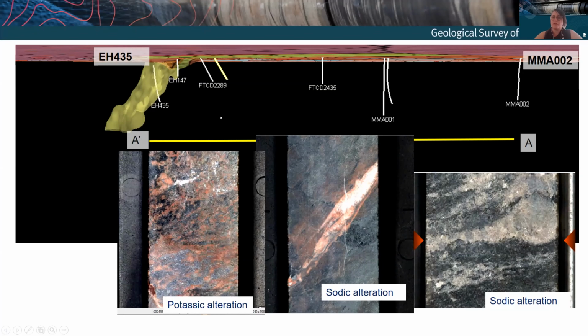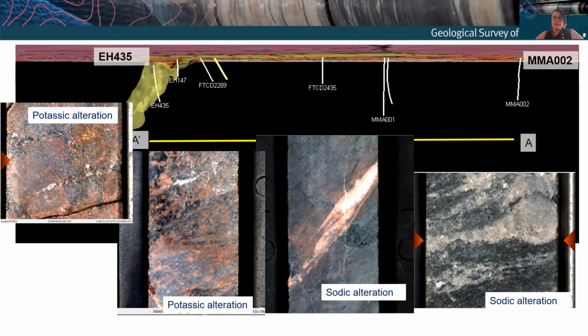This is also another sample from this intermediate zone, approximately 2 kilometres away. It has been flagged in the geochemistry as potassic alteration, but it doesn't have the same typical signature as the Ernest Henry ore, which looks like this, straight from the guts of the drill hole EH435, and has the typical breccia and potassic alteration.